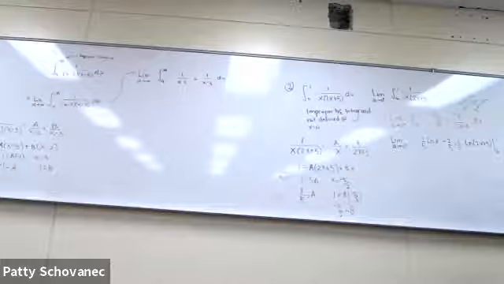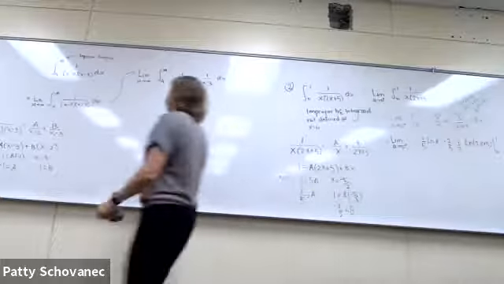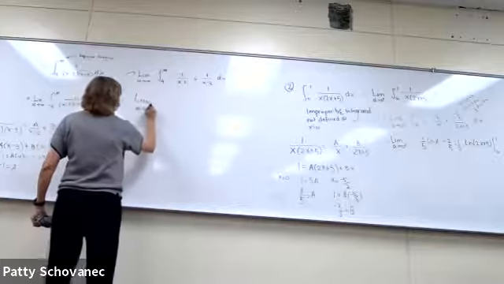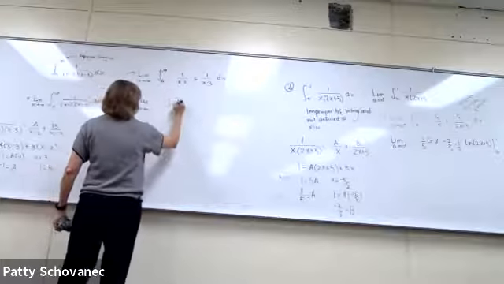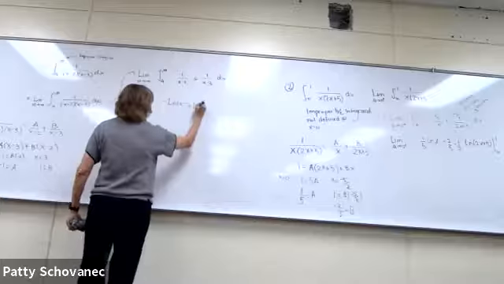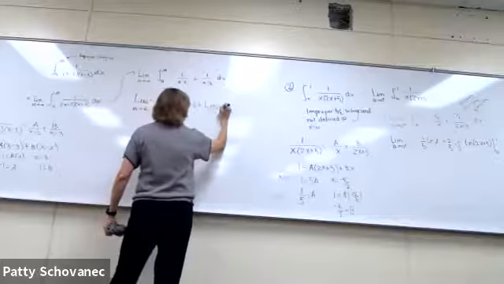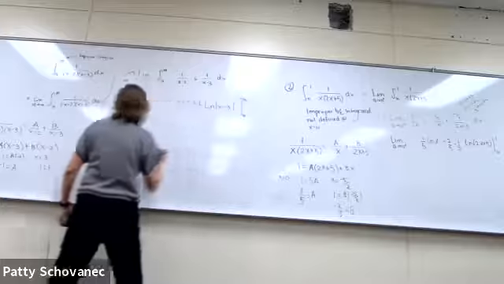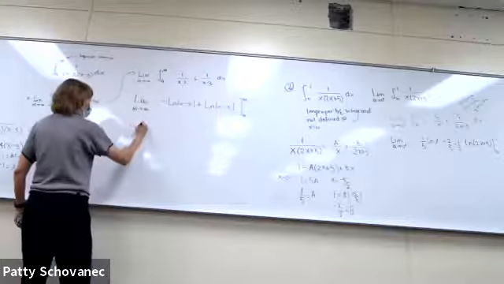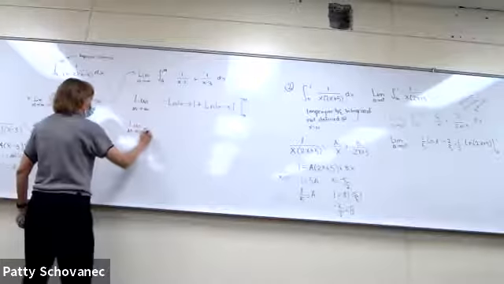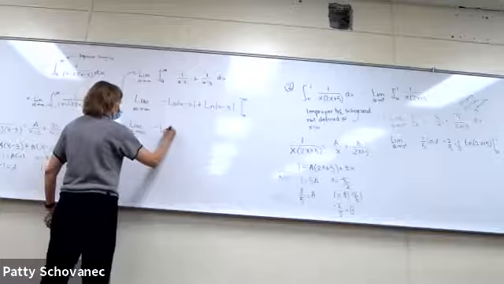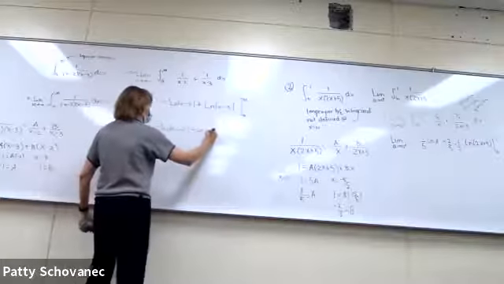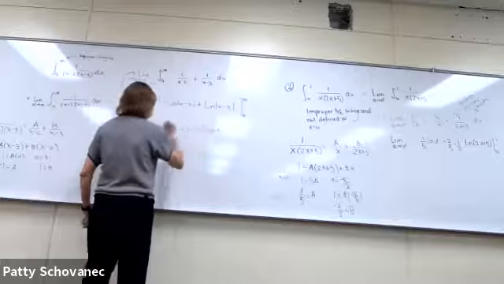So I get minus the natural log of x minus 2 plus the natural log of x minus 3, evaluated from 4 to m. So I have minus the natural log of m minus 2 plus the natural log of m minus 3.